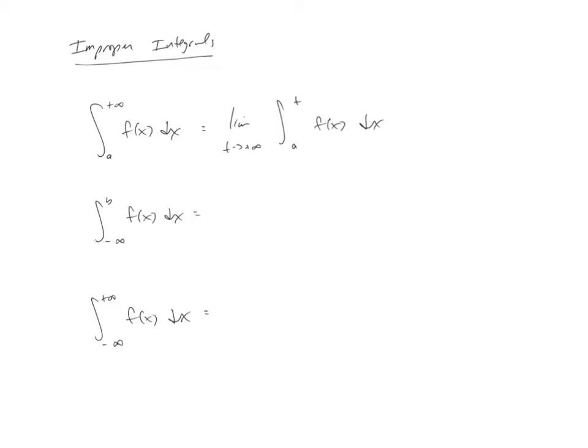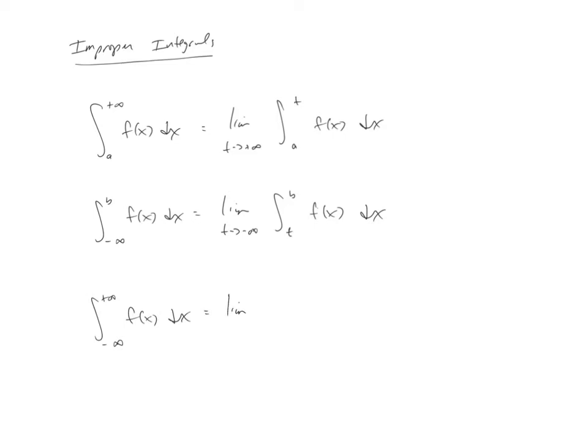All right, so for the second one, it's going to be pretty similar. We're going to have the limit as t goes to negative infinity of the integral from t to b of f of x dx. For the third one, we're going to have to be a little bit careful. Because we're bounded by infinities on both sides, we're going to need to split this up into two separate integrals.